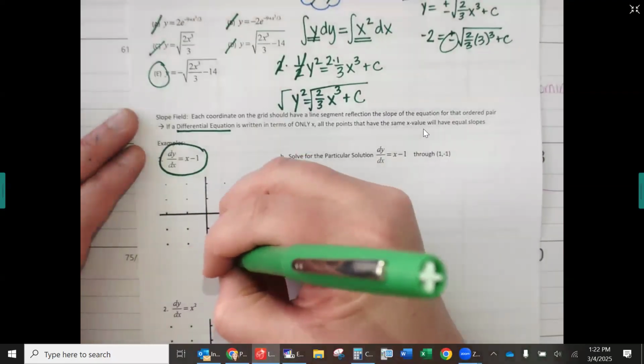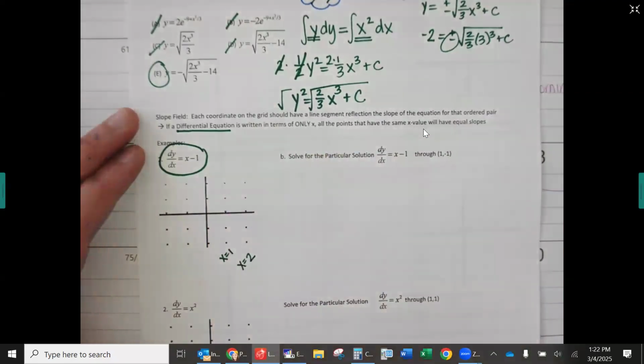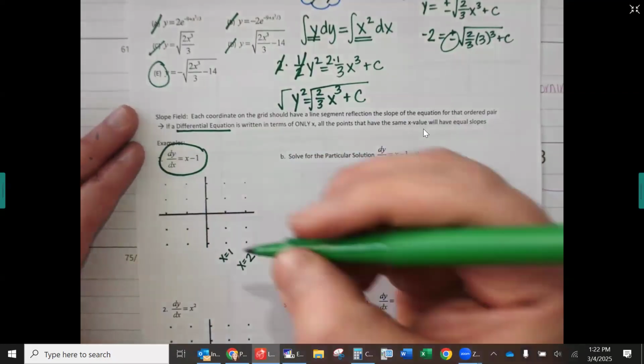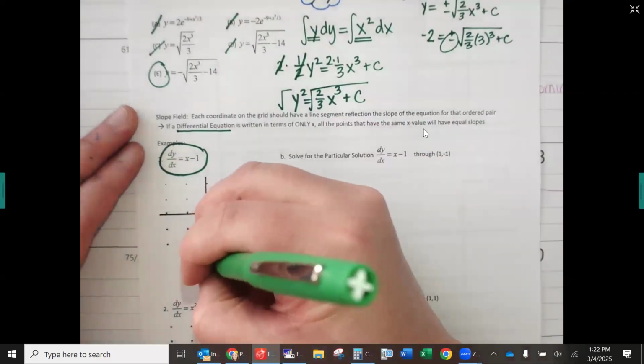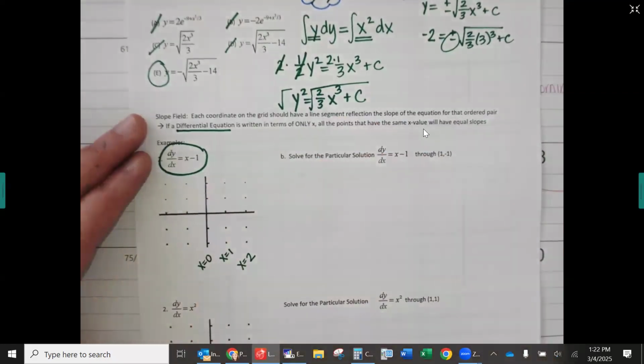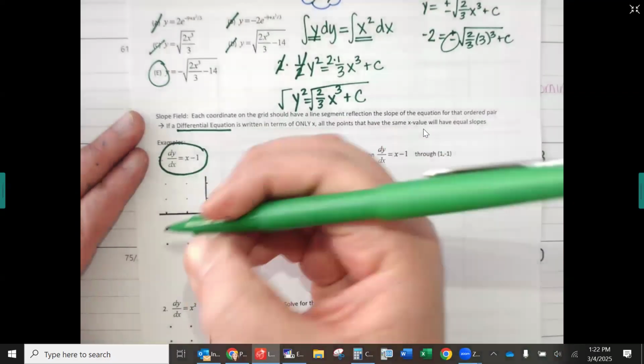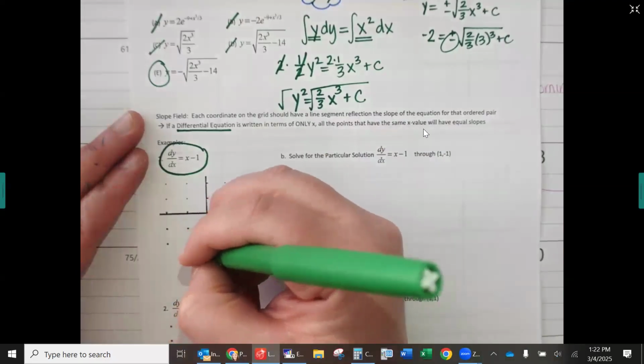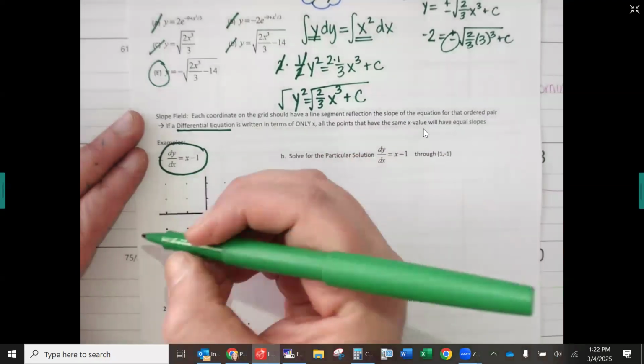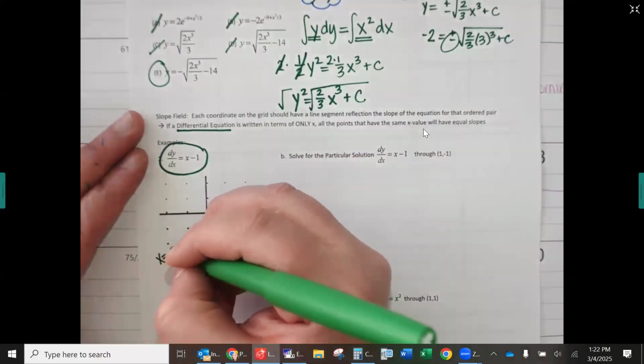Everything here has an x value of 1. Okay, then when I get to the y-axis, that's an x value of 0. Everything in this column has what x value? Negative 1. And then everything in this column has an x value of negative 2.